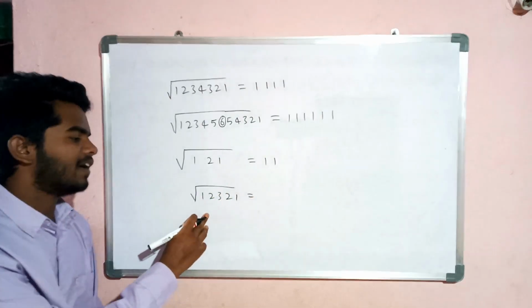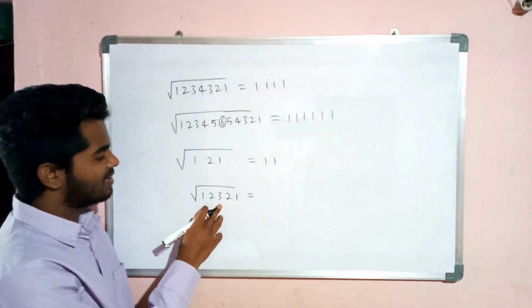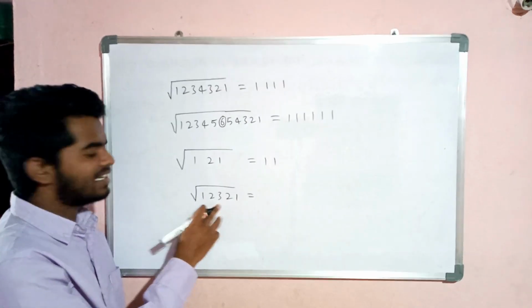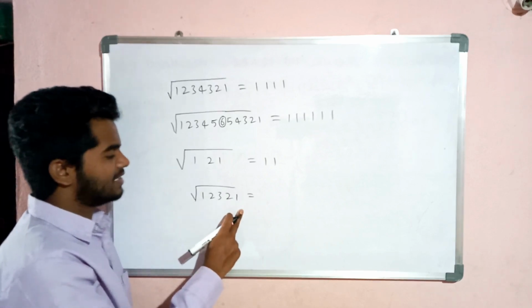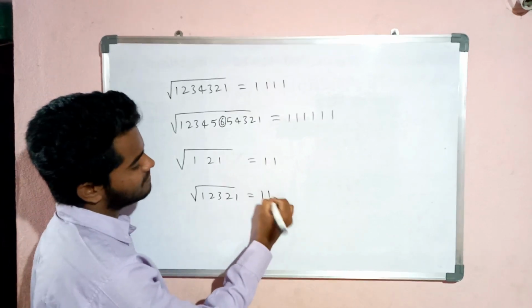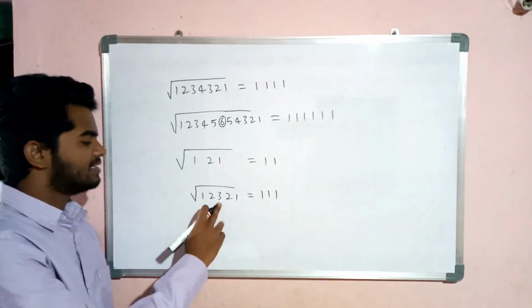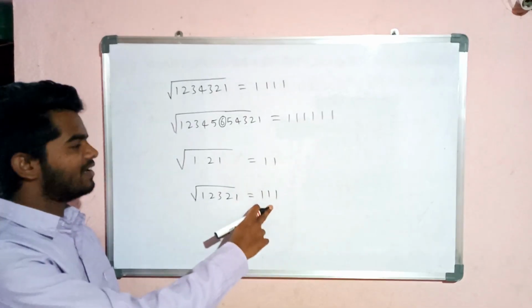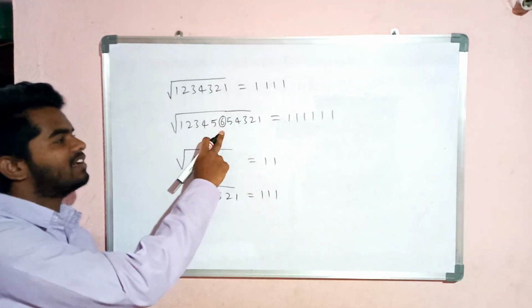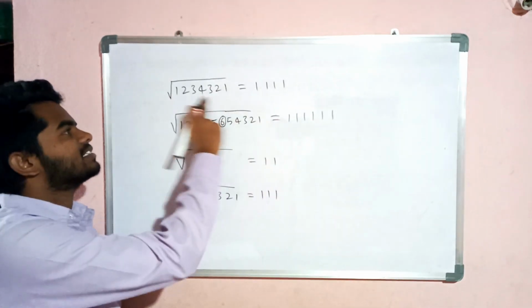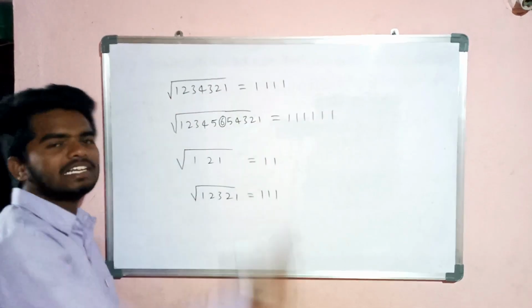Under root of 1 2 3 2 1. 3 is in the middle, decreasing to 1 on both sides. The answer is 3 ones only. 2 is in the middle, the answer is 2 ones. 6 is in the middle, so the answer is 6 ones. 4 is in the middle, the answer is 4 ones.